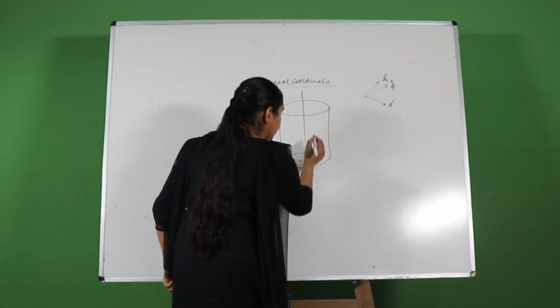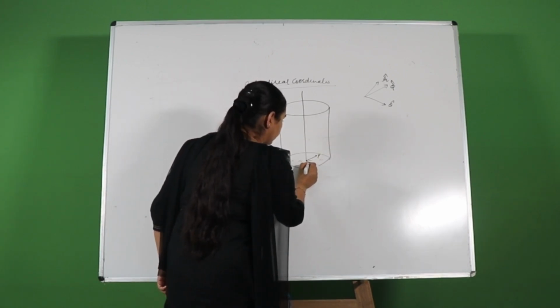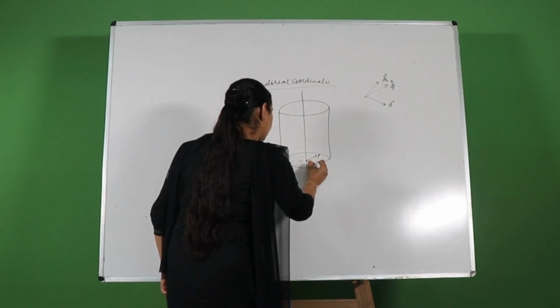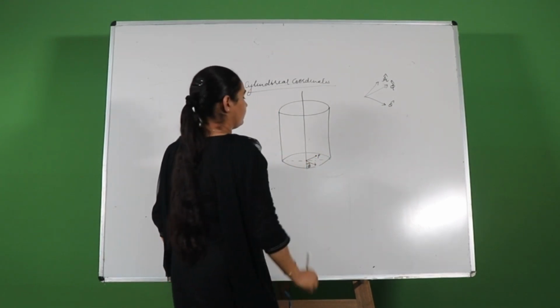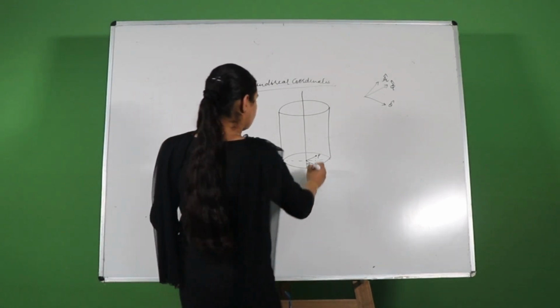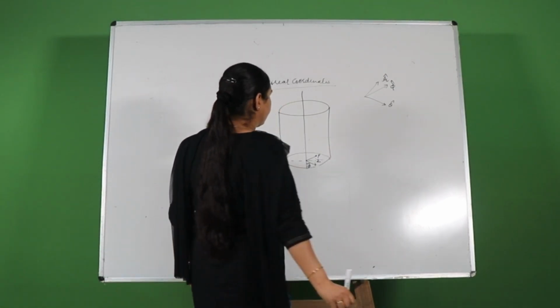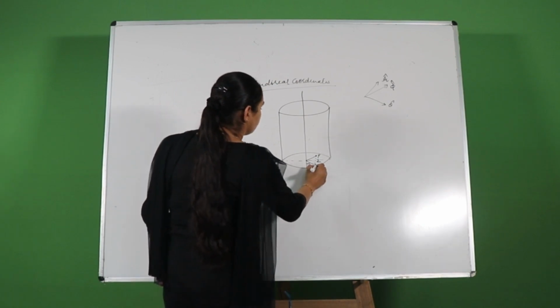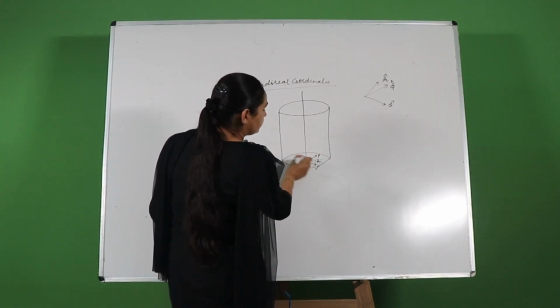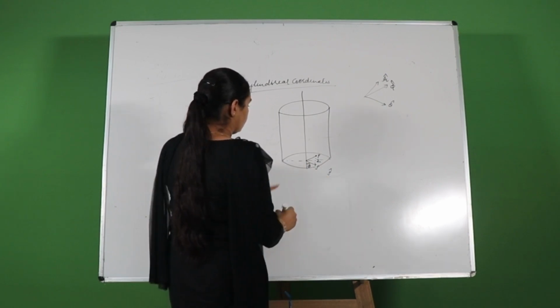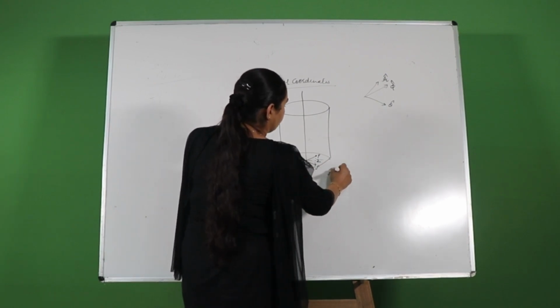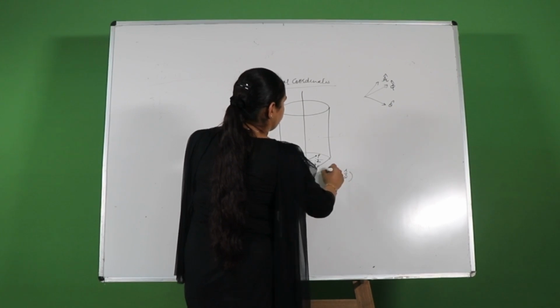Then its projection, same as in spherical polar coordinates, will be somewhere over here. So this angle is phi, this is your z, and this is your rho, and the unit vector along rho is rho cap, this is phi cap, and this is z cap.